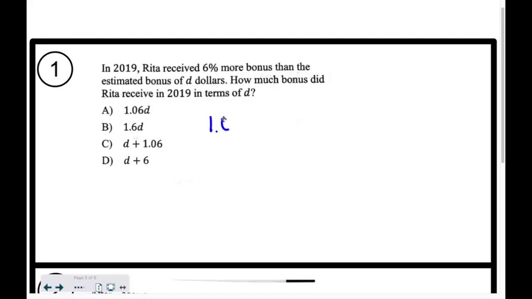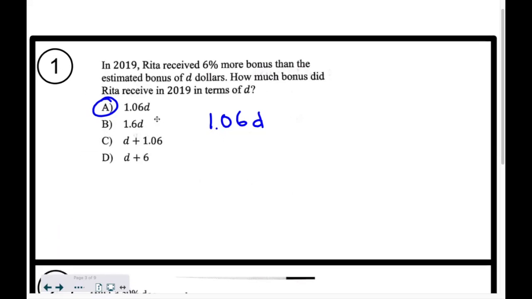So that's just 1.06. So whatever the bonus was, we would do 1.06D, and that is just answer choice A. So that's how we want to start looking at percentages, percent increase, percent decrease, is adding it or subtracting it from 100% first.